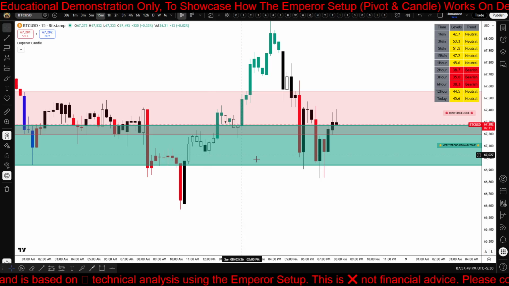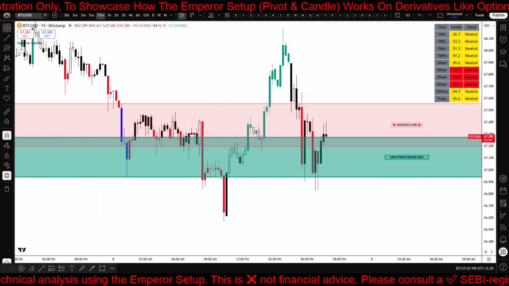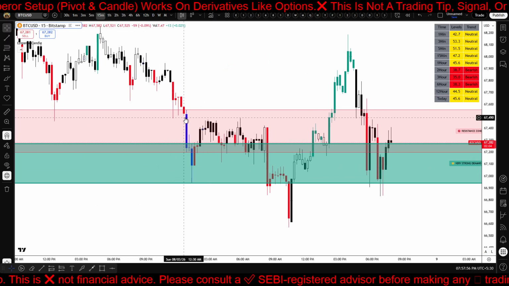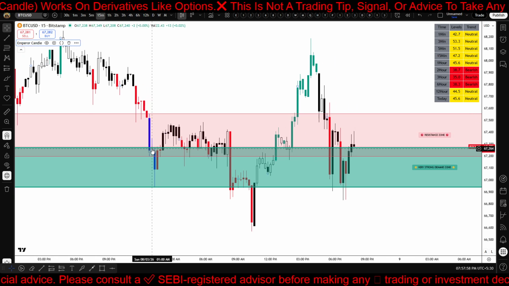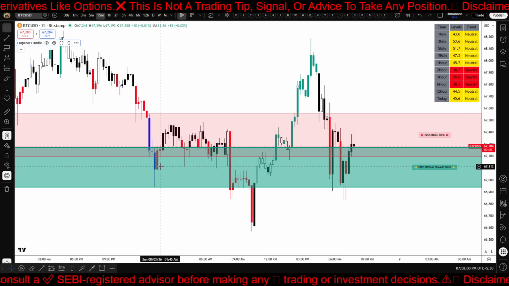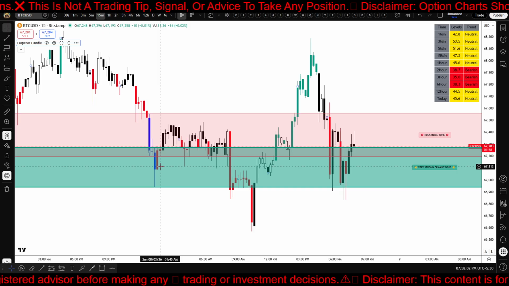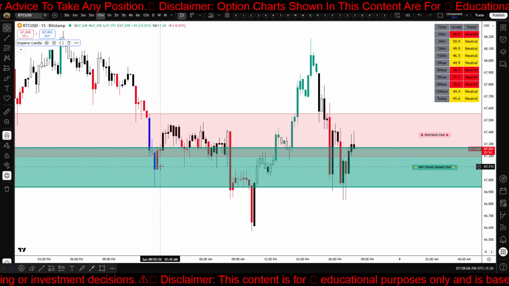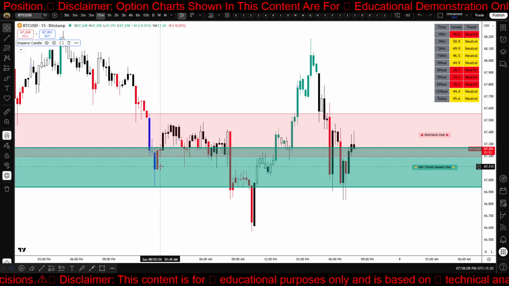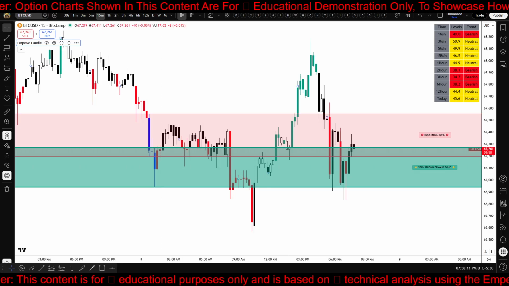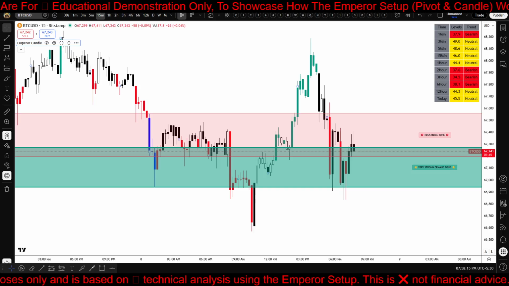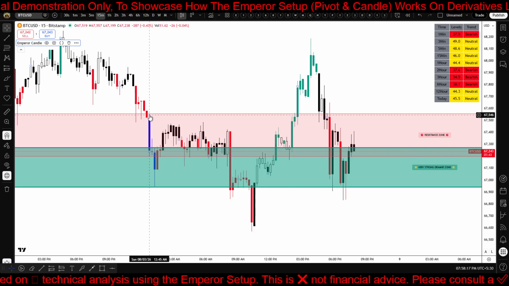A similar condition applies for a very strong demand zone. So the series rule: 1, 2, 3. When such candles appear in a series, meaning more than 2 candles, the indicator marks the last candle of the series as the zone. However, the actual selling or buying movement started from the first candle of that series, like from this blue candle.